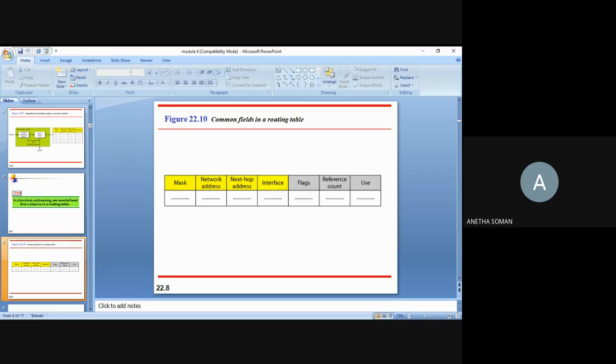That shows the name of the interface. Now the fifth field is the flag field. Now, you can have 5 different flags.